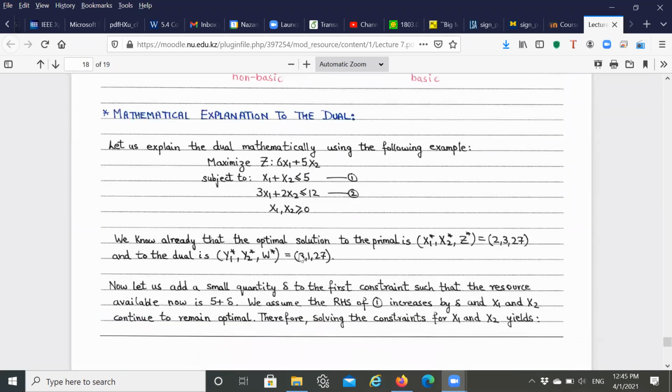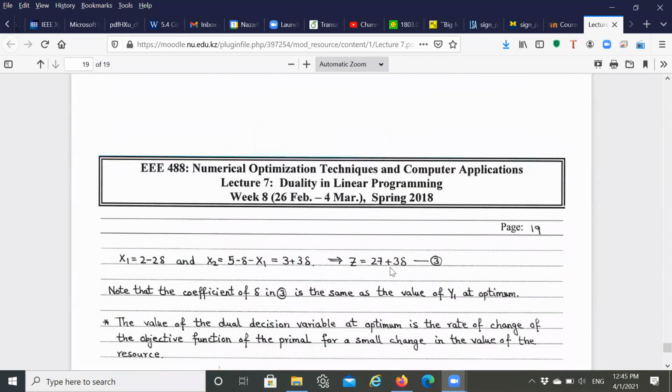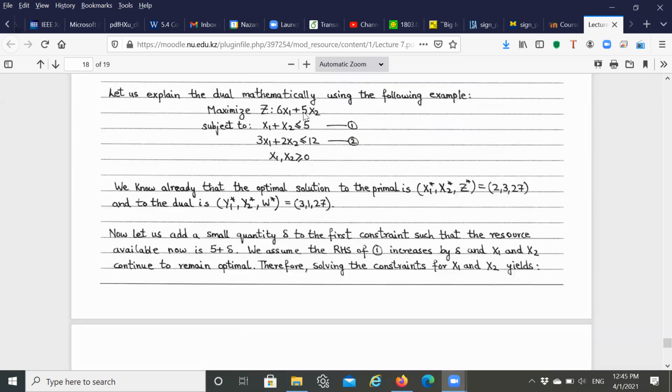So y1 or y2, or this coefficient, shows you the rate of change of the objective function of the primal. That means how much does the objective function in your primal change? Change means either increase or decrease, if I increase or decrease one of the resources. For example, suppose that 5 over here denotes the number of hours you have to produce product 1 and product 2. x1, x2 are two types of products, and 5 is the amount of time you can spend on that.